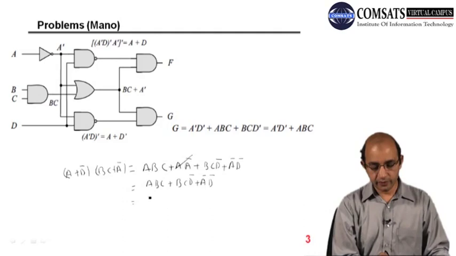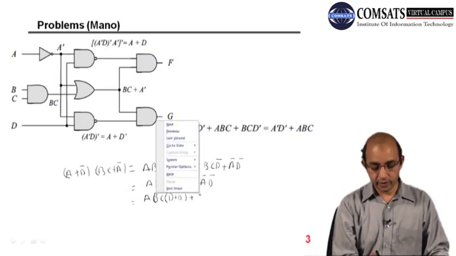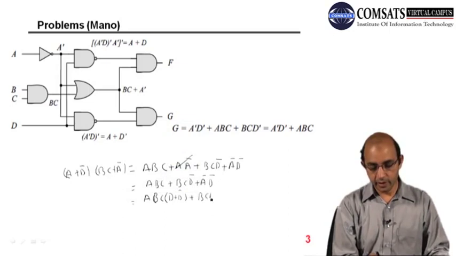Here you can see that we have ABC. So what is missing? D plus D bar. And if you look here, we have B C D bar, which is missing A, so A plus A bar, and that is equal to 1.